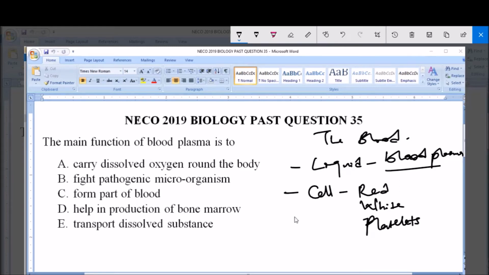Now the blood plasma is the liquid portion of the blood.